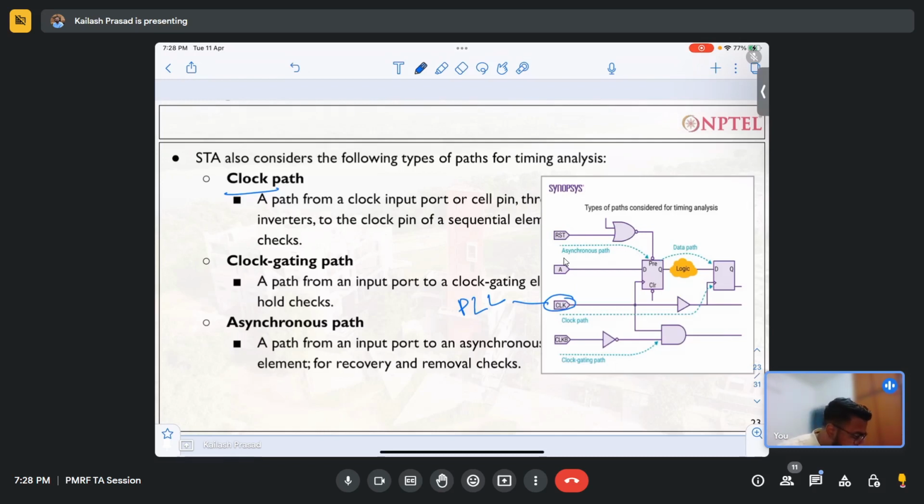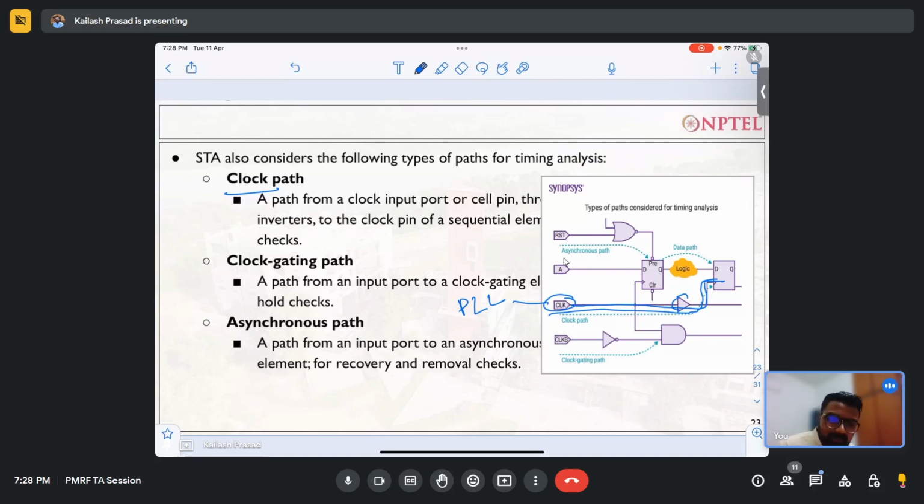From there it goes to the flip flop, and there can be buffers in the path such that the clock is driven to the final output. This path, from the source generation to the input of any flip flop, is called the clock path.